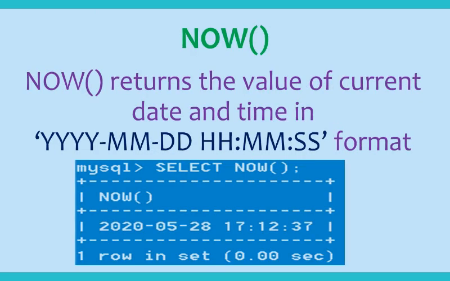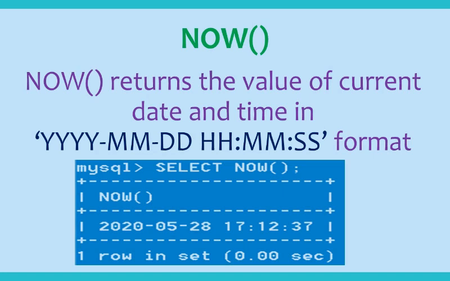Next function is now function. Now returns the value of current date and time in YYYY-MM-DD HH:MM:SS format, means year dash month dash day, space, hours colon minutes colon seconds format.